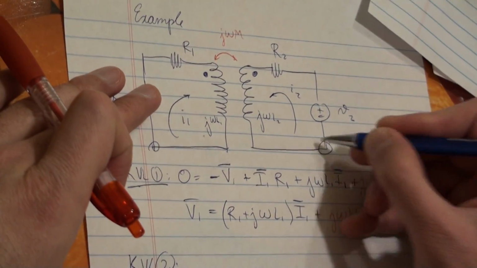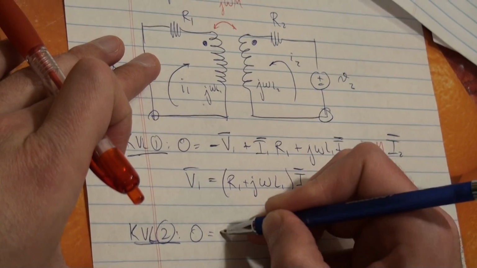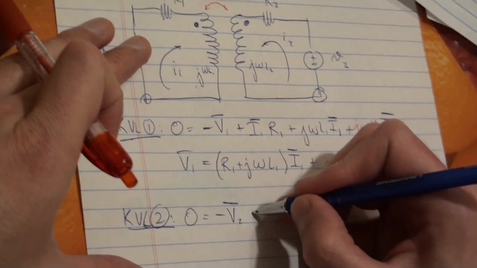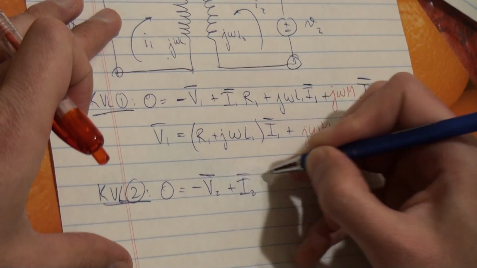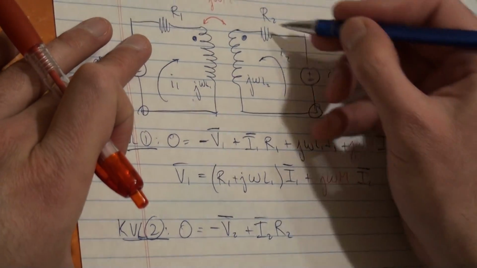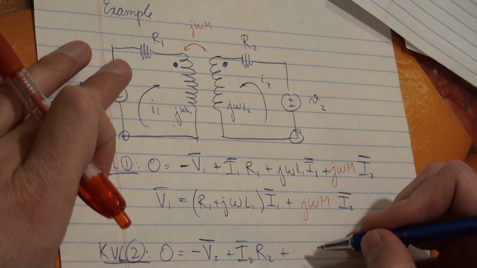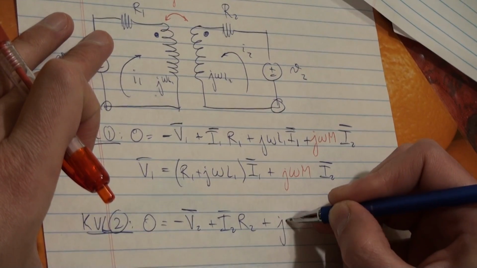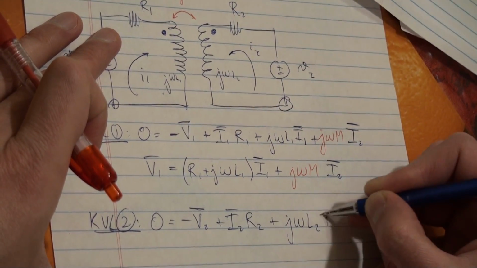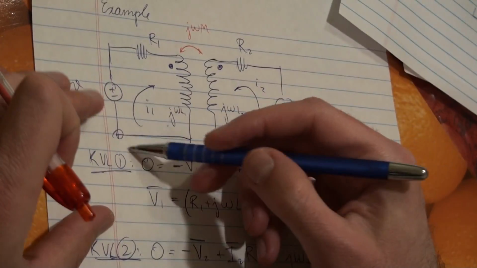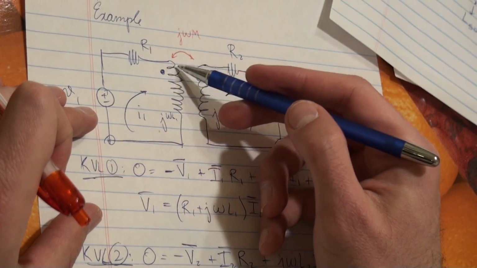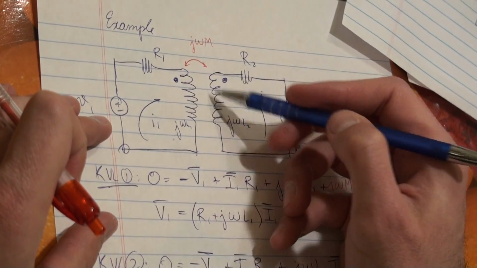So let's say I start here. 0 equals minus V2 plus I2 R2. Then we get here this inductance, whose impedance is going to be j omega L2 I2. But remember, we have current here, which is going to cause a magnetic field in here, which is going to influence this.